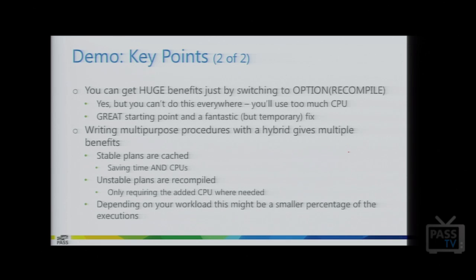But you want to go back for those worst problem procedures and fix them if you want to have long-term scalability for your servers. The benefit of the code I just showed you is that stable plans are cached. You're going to save time, you're going to save CPU, but your unstable plans are going to get recompiled for every execution, which gives you the best of both worlds, not compiling too much, but compiling enough so that you're never executing a horribly inefficient plan.